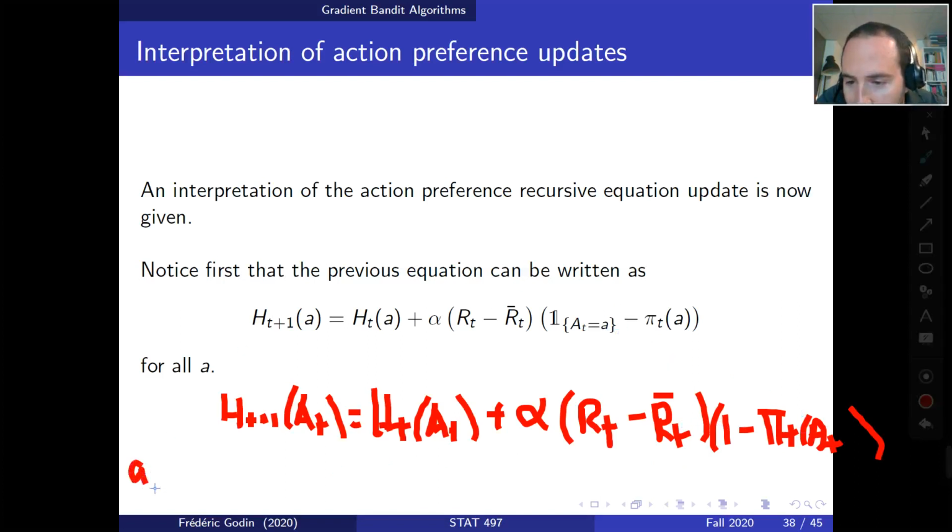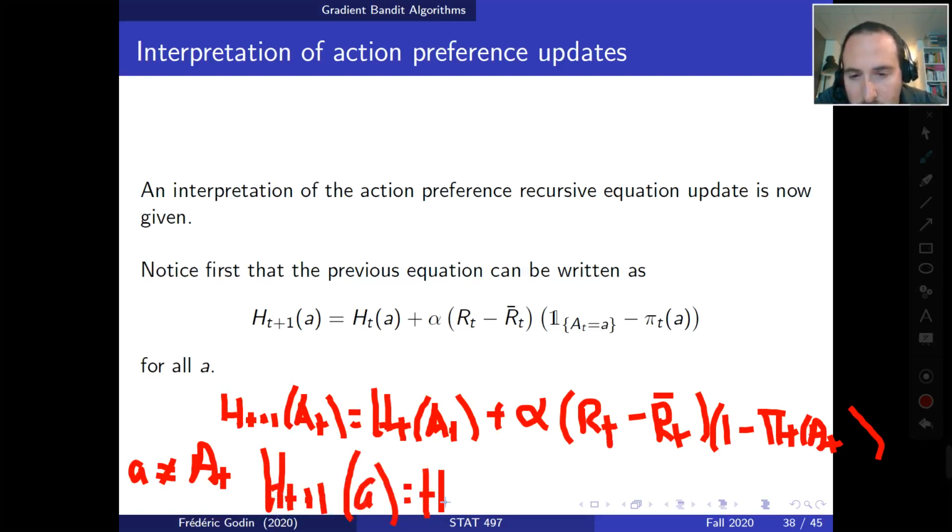Furthermore, when a was different than A_t, we had the following equation: h_{t+1}(a) is equal to h_t(a). Here we had, okay, I'll write it like this.